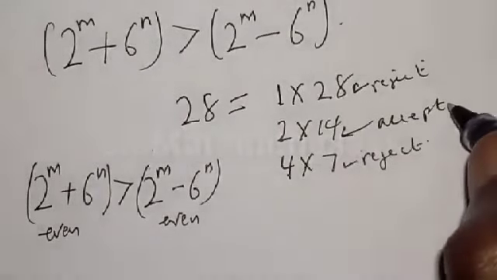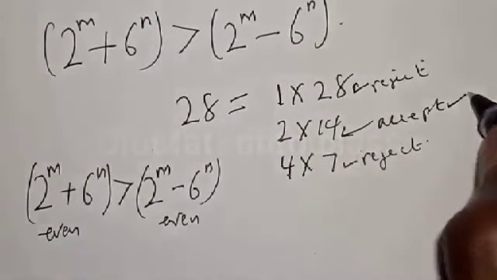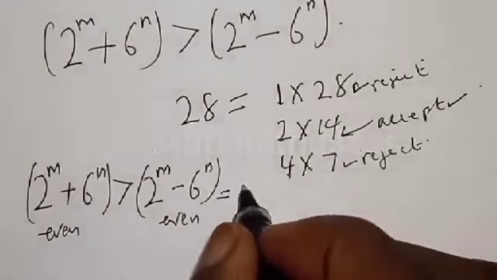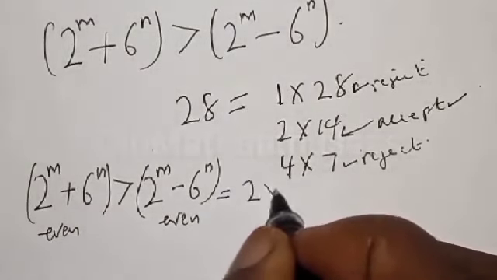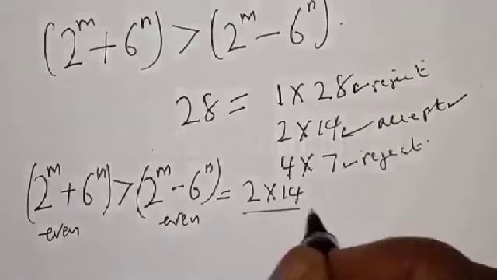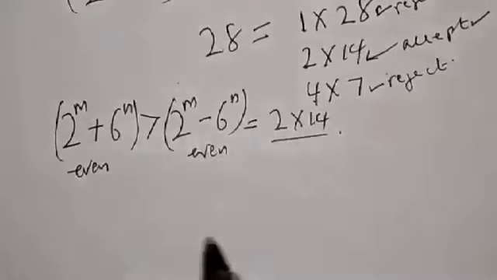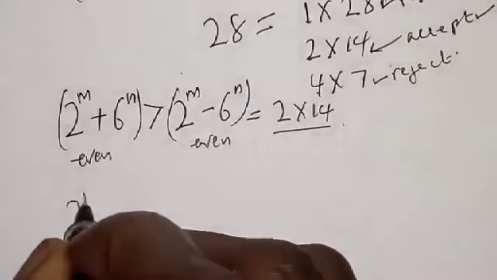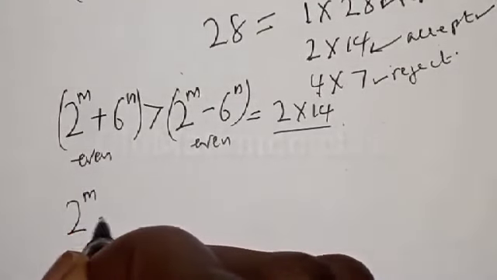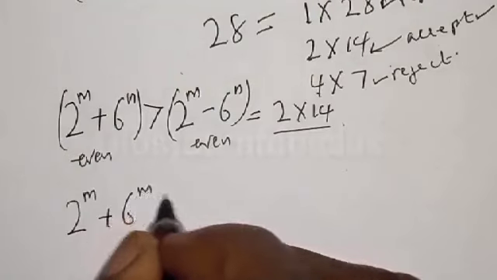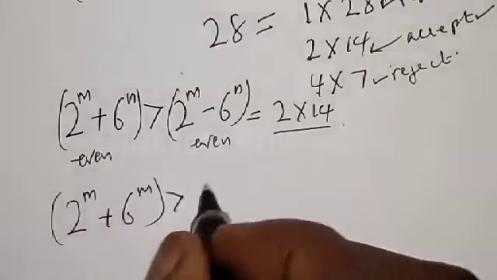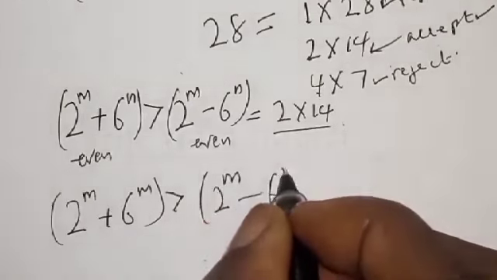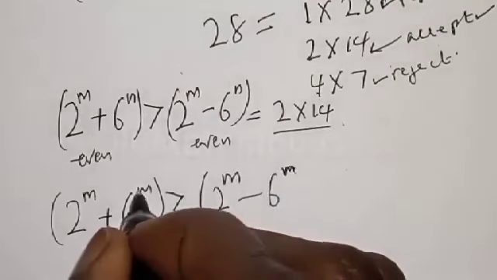Now, the possible solution we work with is 2 multiplied by 14. Therefore, we have 2^m plus 6^n, which is greater than 2^m minus 6^n. Sorry, this is n.